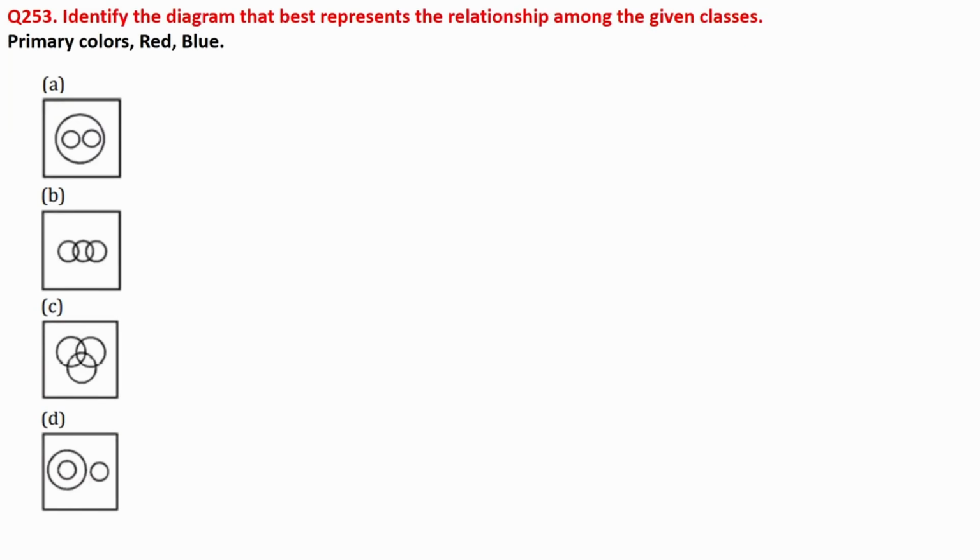Next one. You just identify the relation between the colors. See, generally we have different kinds of colors. Primary colors, the secondary. You must understand what is a primary color, secondary color and tertiary color. If you know the difference between primary and secondary, then you can choose this option, guys.